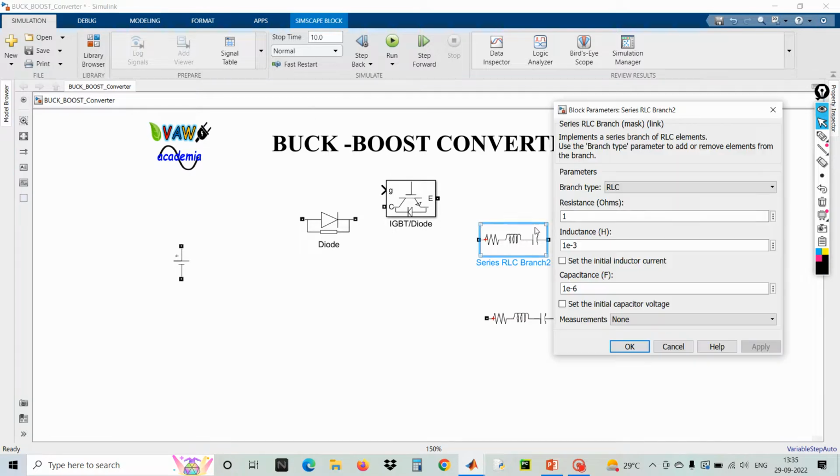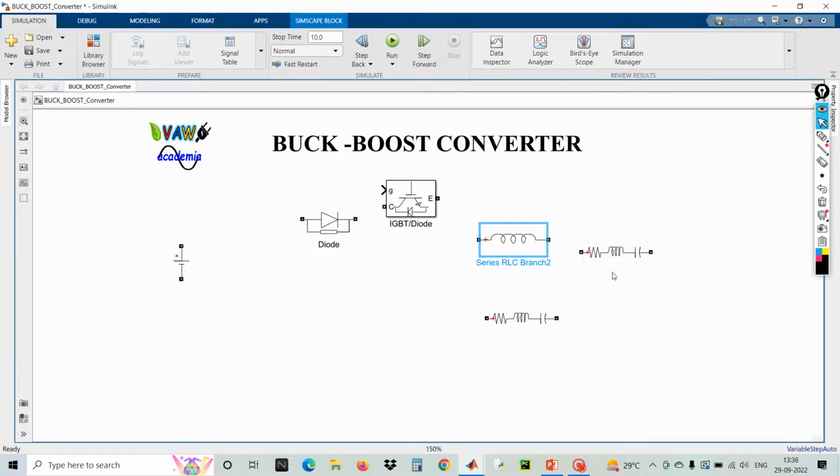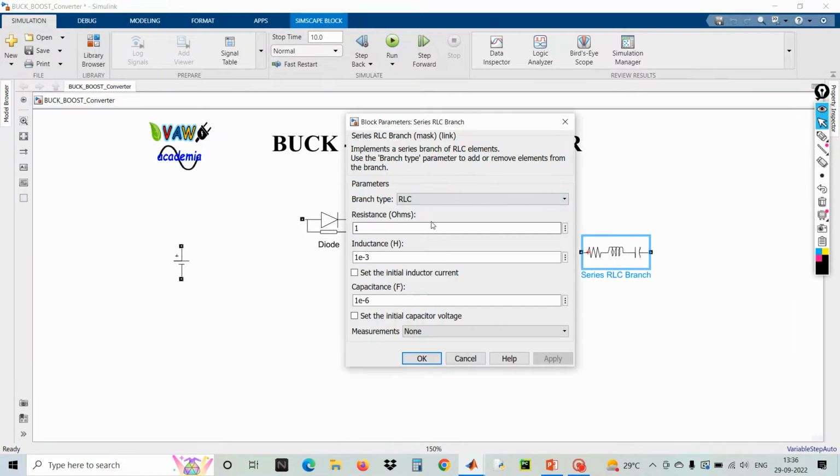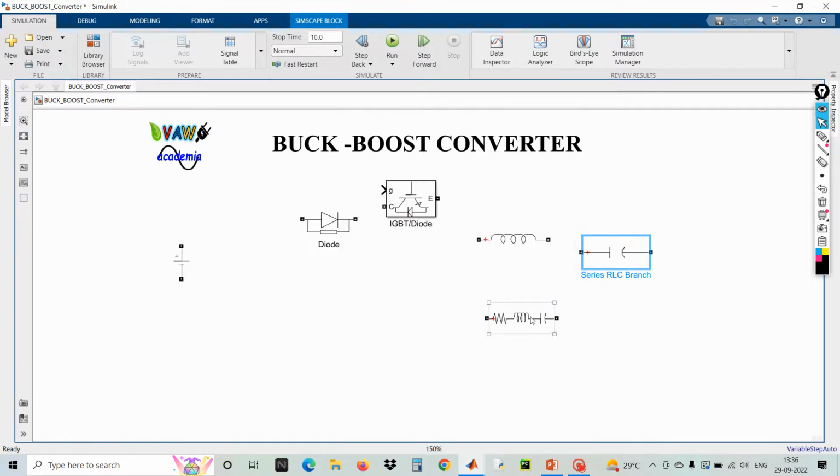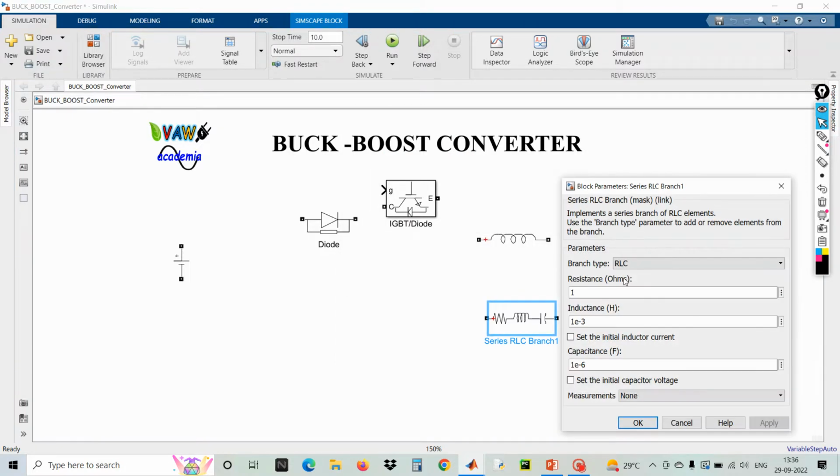Here I need only one inductor. I need a capacitor alone.